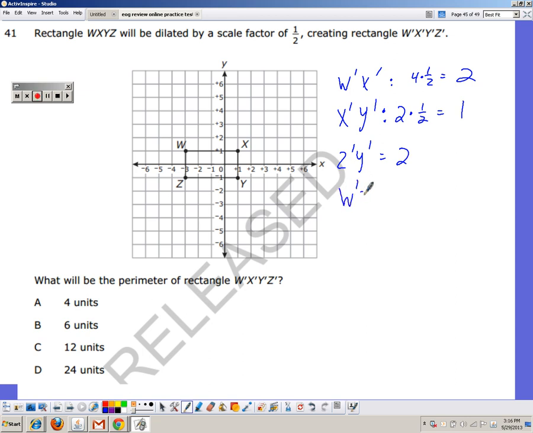W prime Z prime is going to be 1 because again, it is opposite of XY. When I add all my units together, the perimeter, 2 plus 1 plus 2 plus 1, that gives me 6 units, which is B.